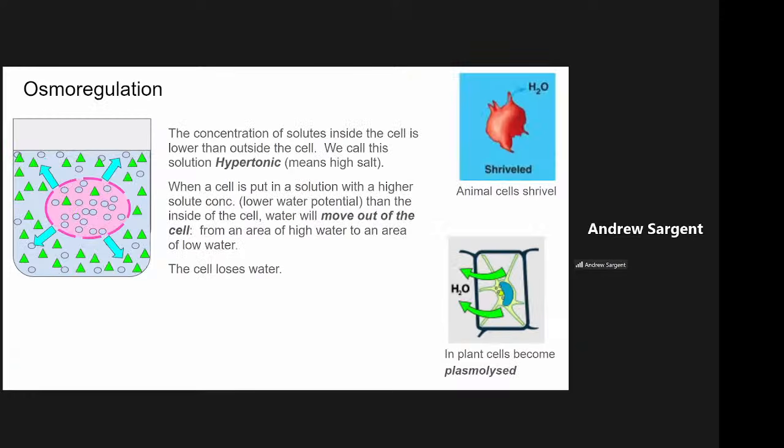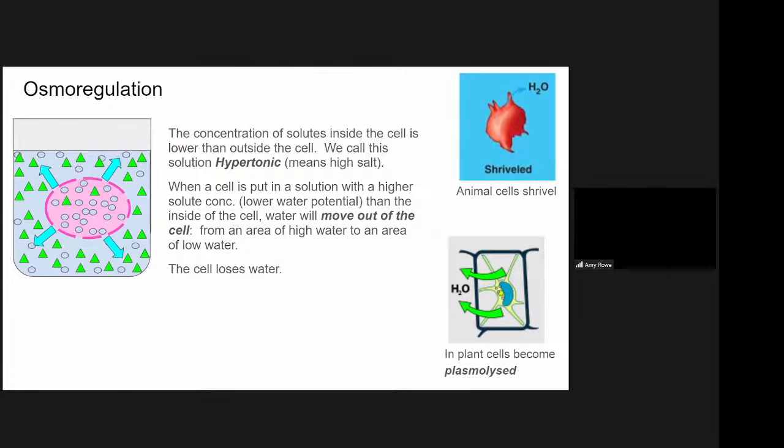Cool. All right. So on to our next slide on osmosis. What we're looking at here, I'll just wait for the YouTube to catch up. There we go. If we have a situation where the concentration of solutes or stuff dissolved in our water inside the cell, in this case our little green triangles, is lower inside the cell than it is outside the cell, what this means is there's more water concentration inside the cell than outside the cell.